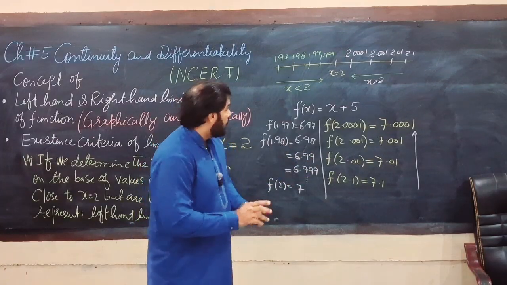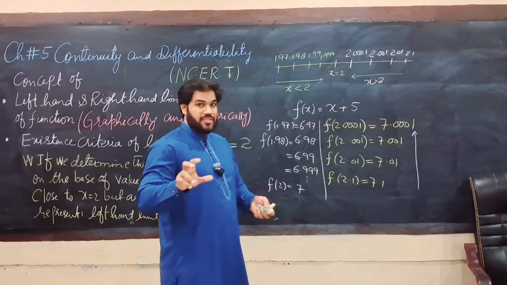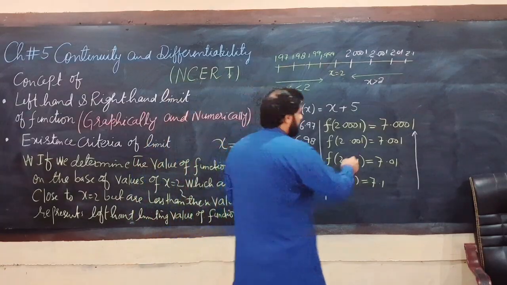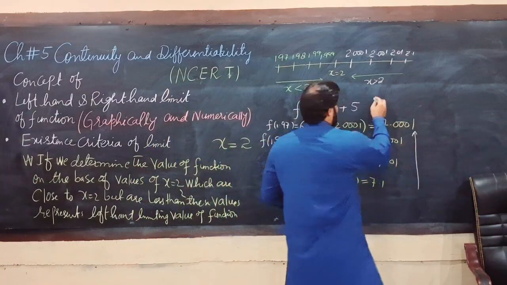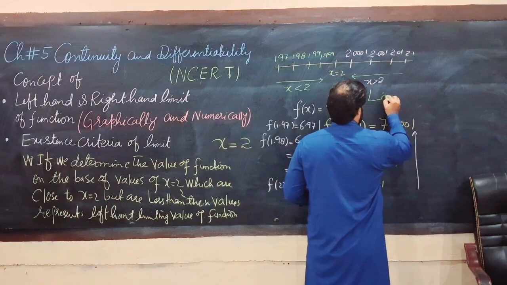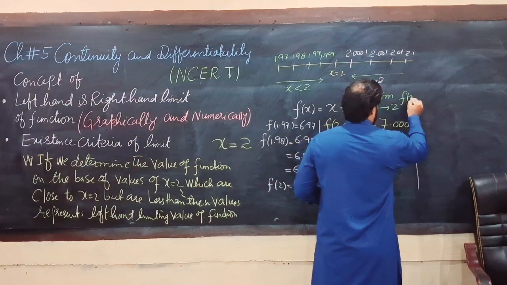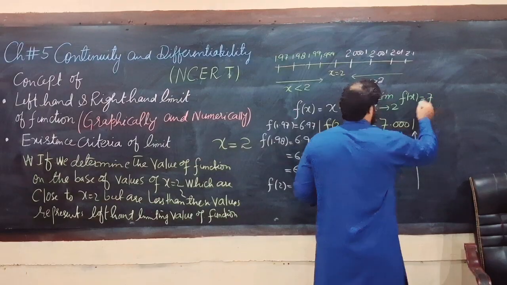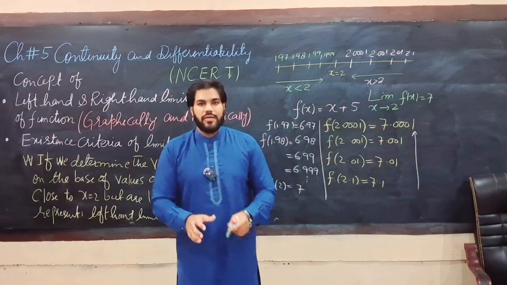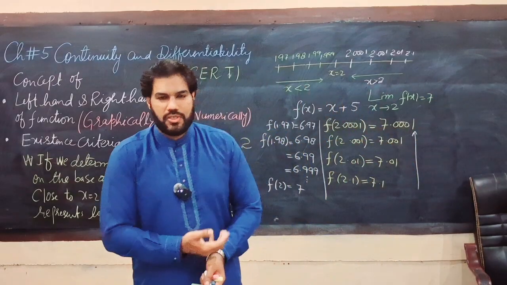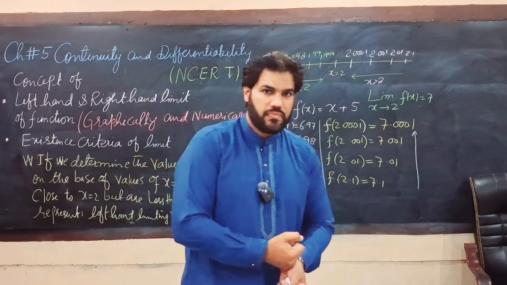So we can say safely the limiting value, either left or right, of the function is here. Limit x approaches 2 of f of x is equal to 7. So the left hand and the right hand limit of the function in this case is 7.